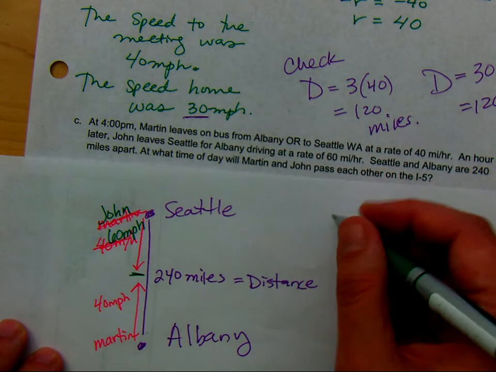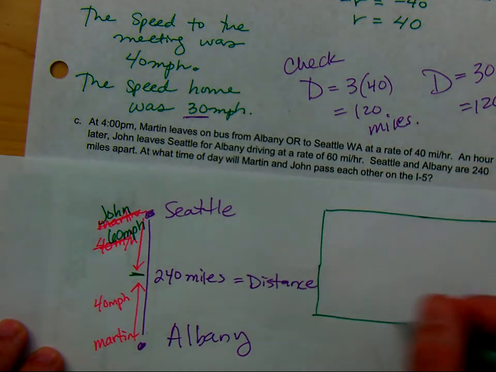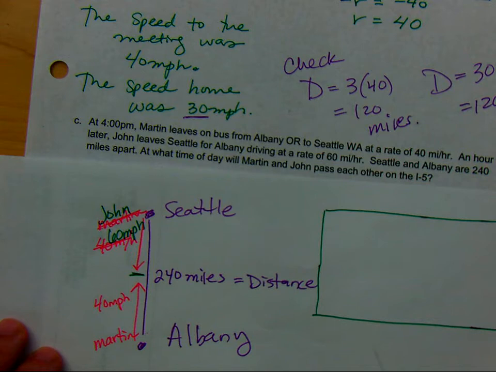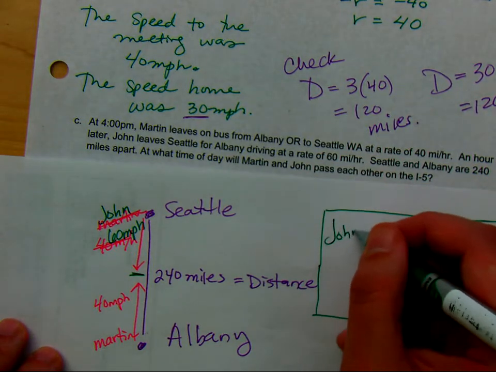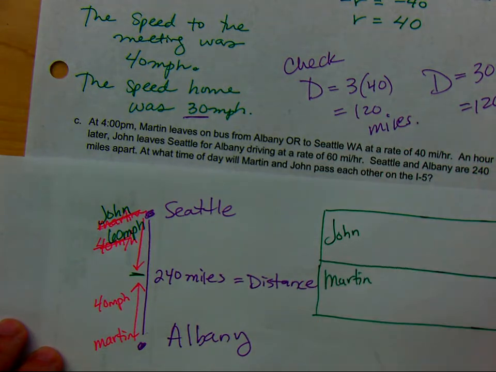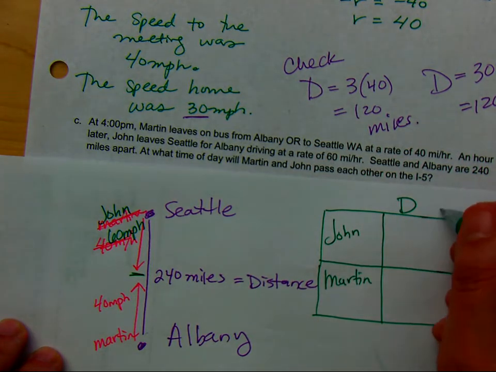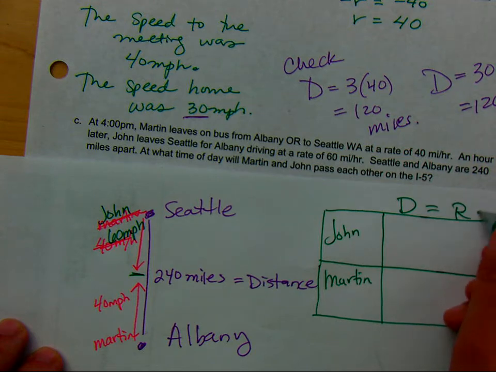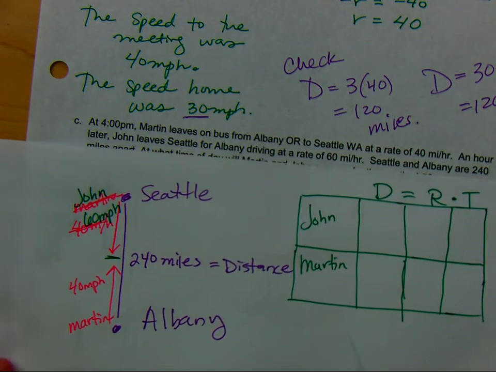So let's think about this in terms of distance equals rate times time. What is the unknown? What is the variable? So we have John and we have Martin. And I probably should have done it in the reverse order. We have the distance equals the rate times the time. Okay, so I'm just making a really haphazard table here.